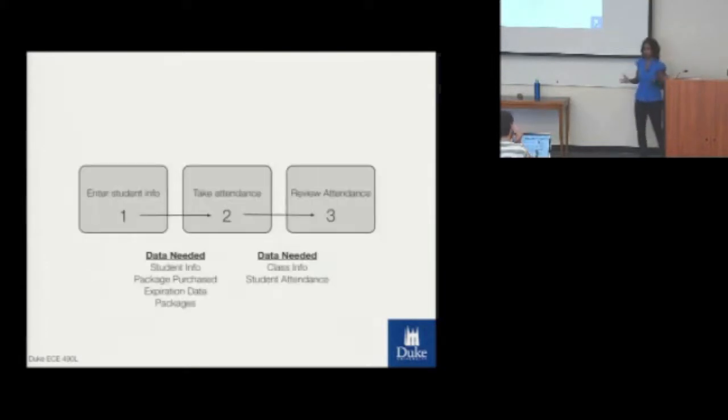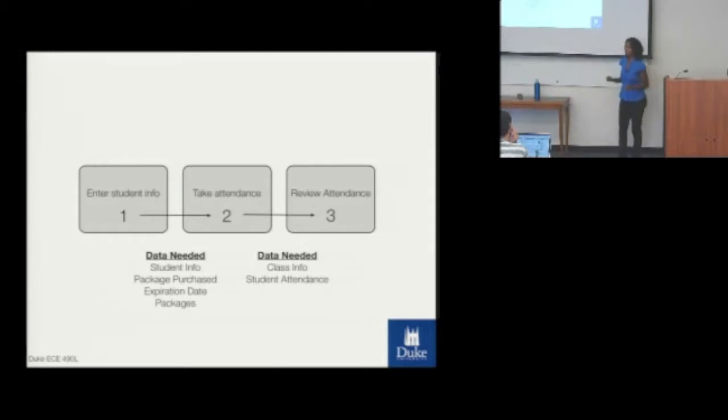So, just to give you another example, right? We're going to enter the student information first, then we're going to take attendance, and then we're going to review attendance. So, in order to even get from step 1 to step 2, the first set of data we're going to need is student information. And then, if we assume that they're on some sort of membership, well, we need to know what that membership is.